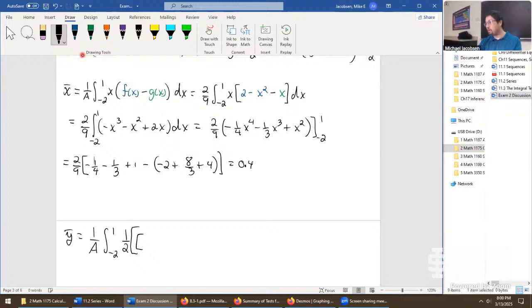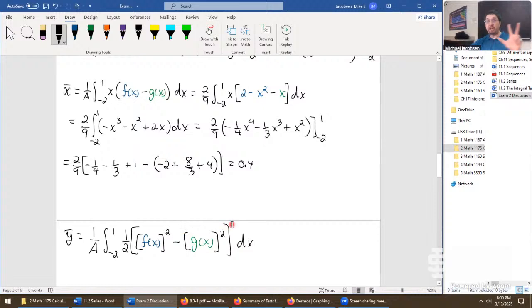You go f of x squared minus g of x squared dx. But the critical thing about these powers is it's not squared right there, which would mean we have 3 terms altogether. We're just squaring the first term and the last term.